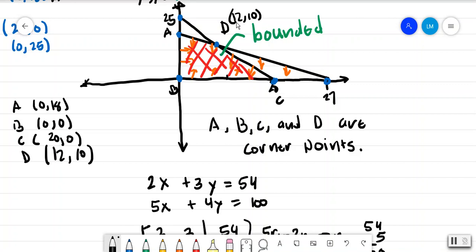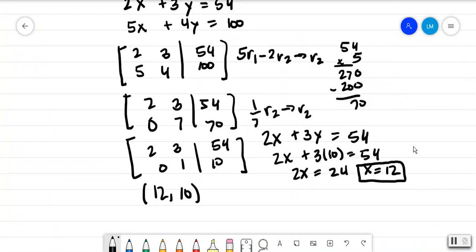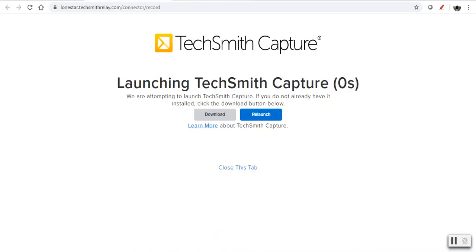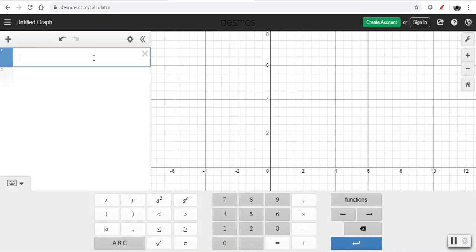Okay, now keep in mind that you could have solved for the point of intersection by simply going to, say for example, desmos.com. So we can type in the equations as either boundary points or boundary lines or inequalities.